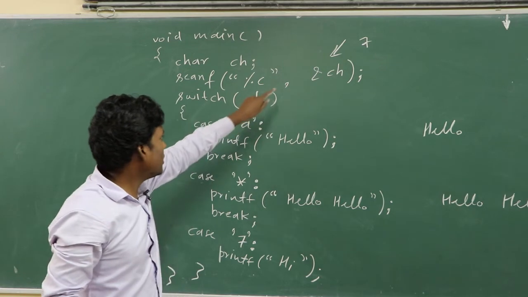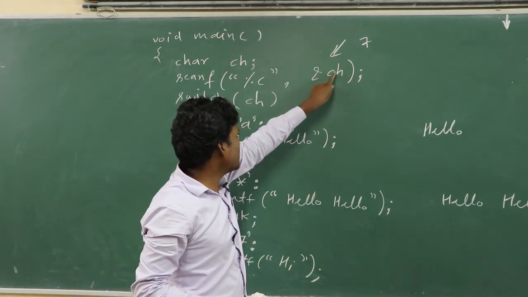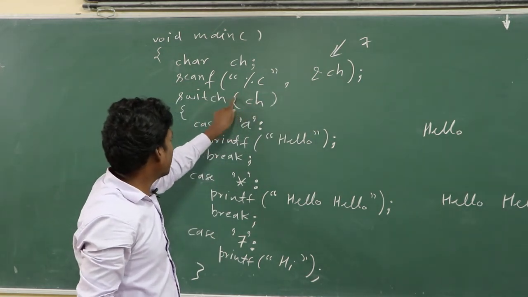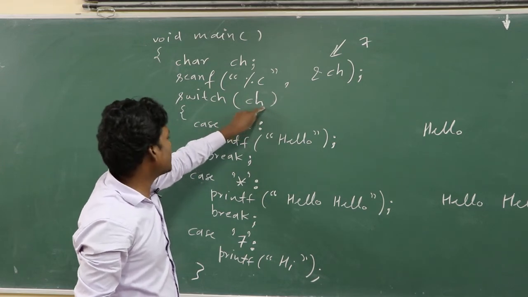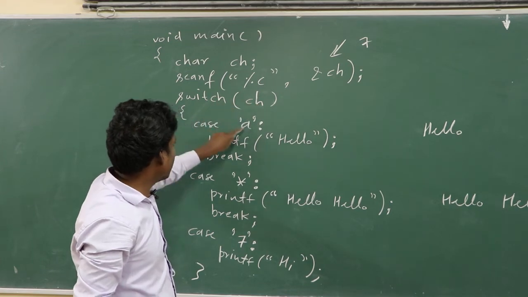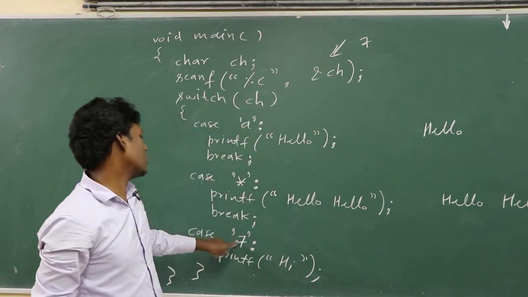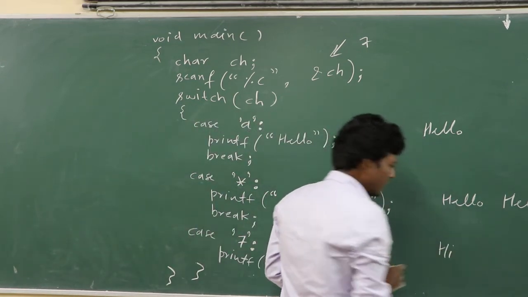When this 7 comes as a character to be received in ch, that is the condition or expression in this bracket, it has 7 as a character constant. 7 matches this, no. 7 matches this, no. 7 matches this character constant. Now the output is hi.